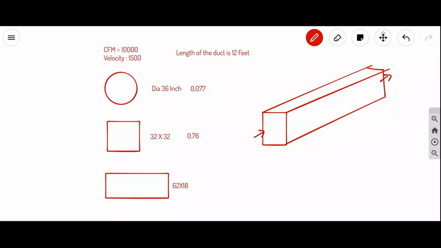When there is more friction loss, you need higher capacity blowers, and higher capacity blowers need higher capacity motors. Am I right? Yes. So now let's calculate. Let's identify the surface areas.